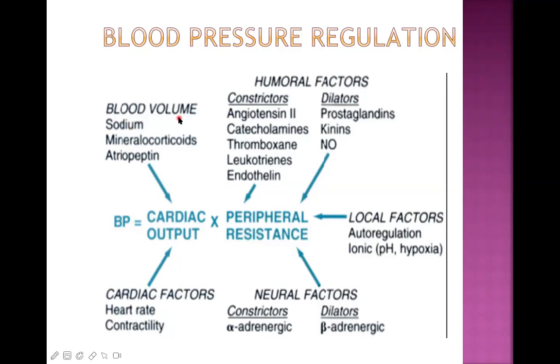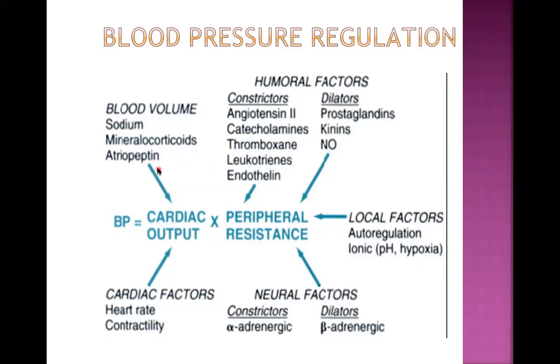Okay, blood volume itself. Excessive sodium containing diet, excessive levels of mineralocorticoids like aldosterone in the body, and even the atriopeptin. Now this atriopeptin actually is regulating it. Atriopeptin means atrial natriuretic peptide, or you can simply say natriuretic peptide as well.